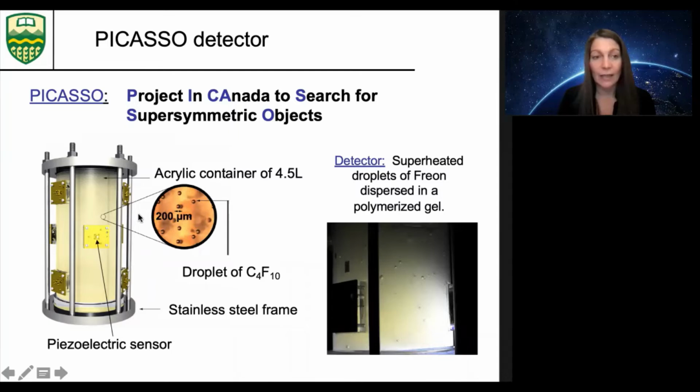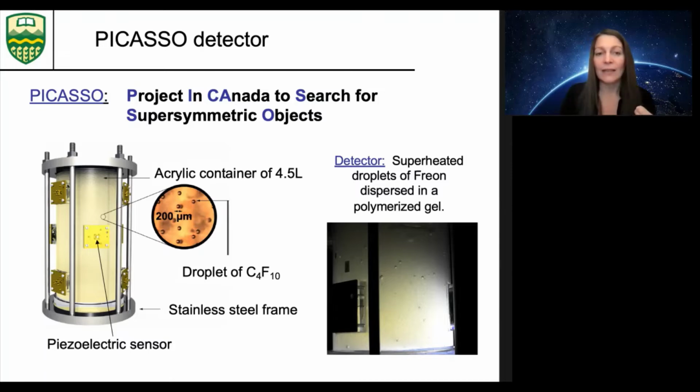You can see you have an acrylic container with 9 piezoelectric sensors to record the sound, the signal created in the detector when a particle interacts with a superheated droplet. Superheated droplets means that it's liquid, but at the pressure and temperature conditions, it should be gas. But since the droplets are trapped in a gel, they are liquid.